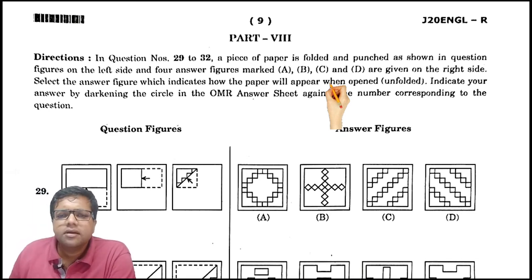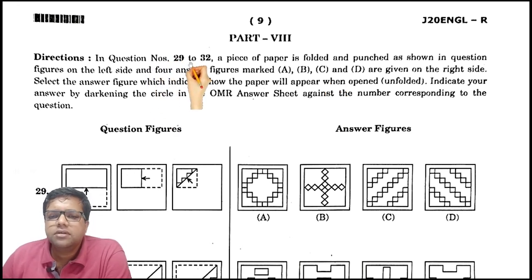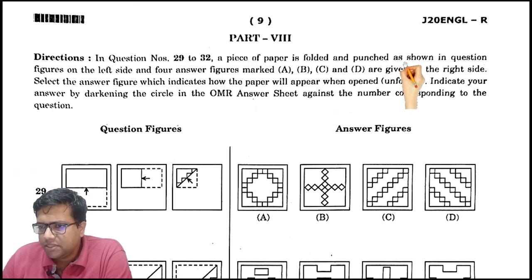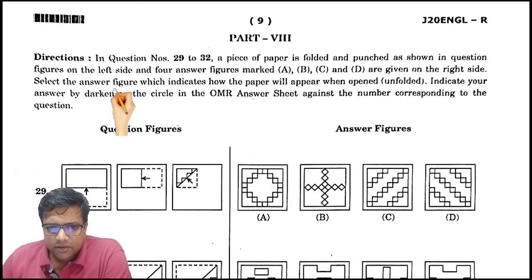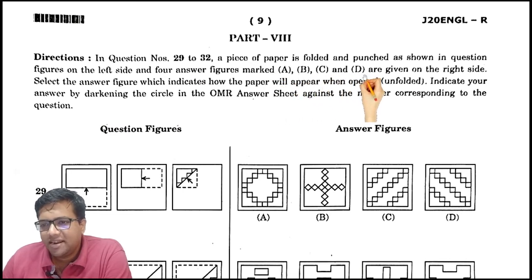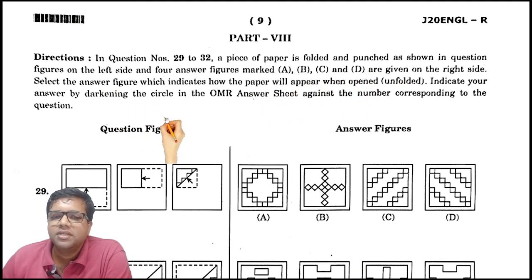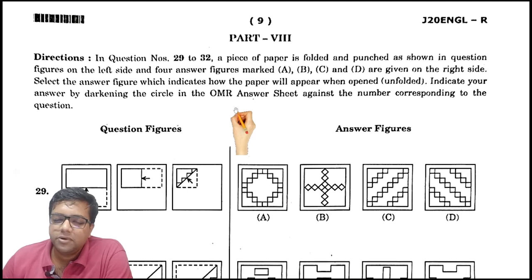In question numbers 29 to 32, a piece of paper is folded and punched as shown in the question figures on the left side, and 4 answer figures marked A, B, C and D are given on the right side. Select the answer figure which indicates how the paper will appear when opened, unfolded. Indicate your answer by darkening the circle in the OMR answer sheet against the number corresponding to the question.